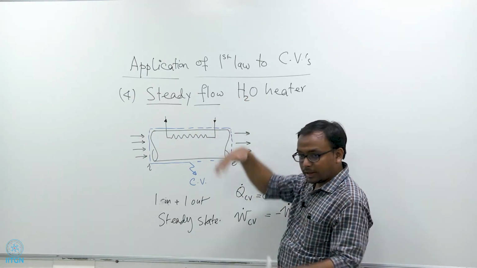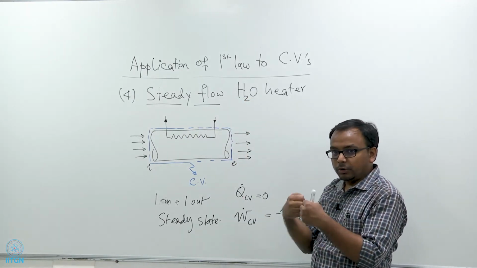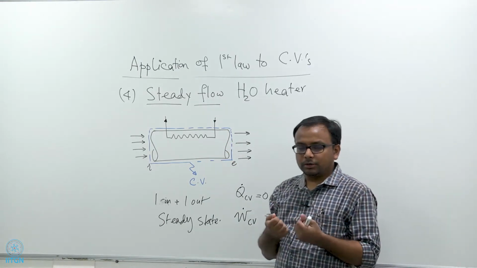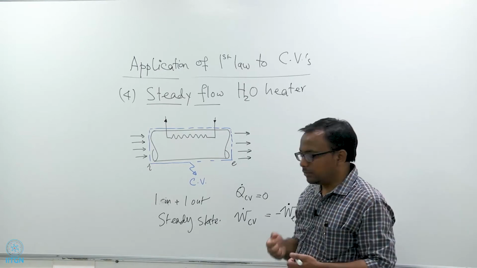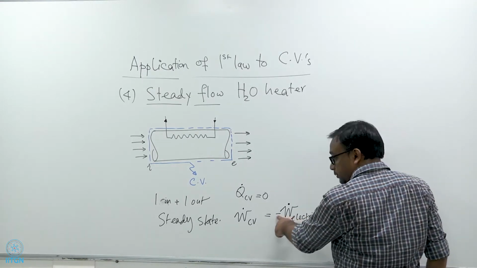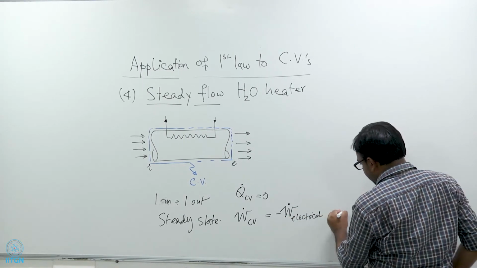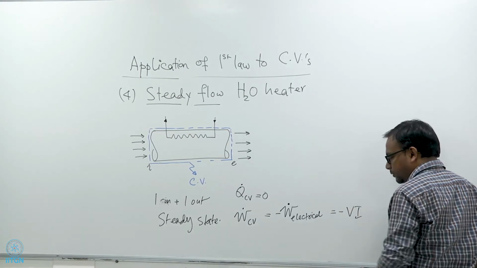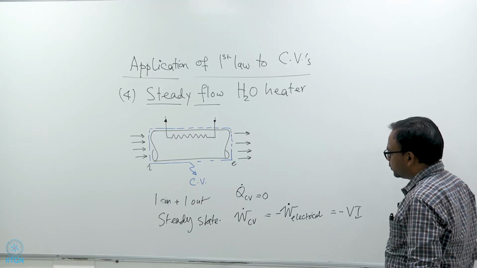So you are supplying current to the control volume, which means that you are doing electrical work on the control volume. That is why this would be negative, and this can be minus V times I, where V is the potential drop and I is the current through the circuit. Okay.